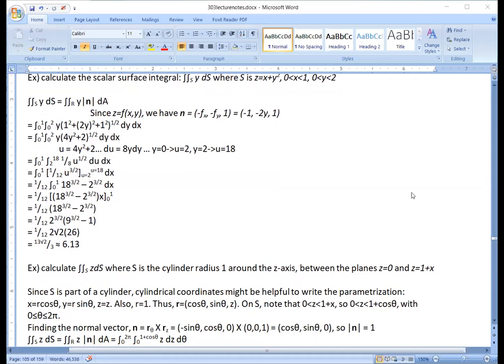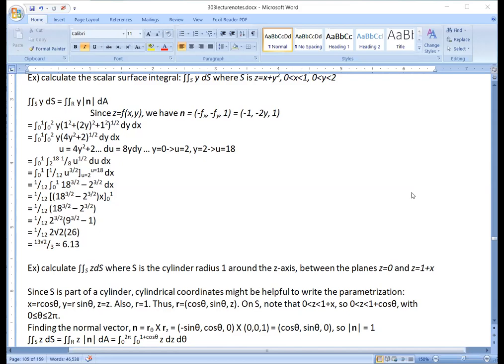Next, dS becomes the magnitude of n dA. So now we know what all these things are. For dA, it could either be dz d theta or d theta dz, since our two parameters are theta and z.